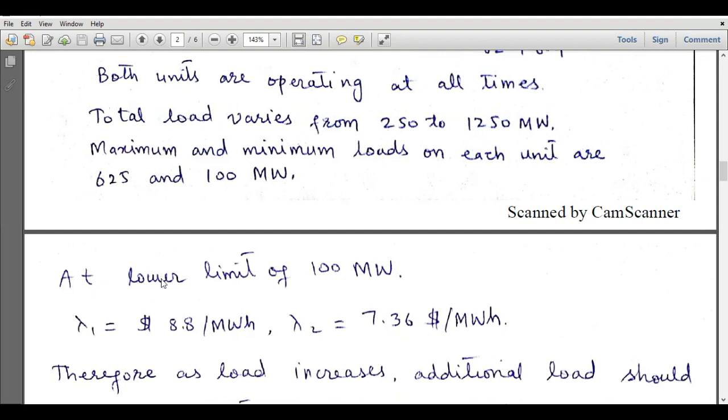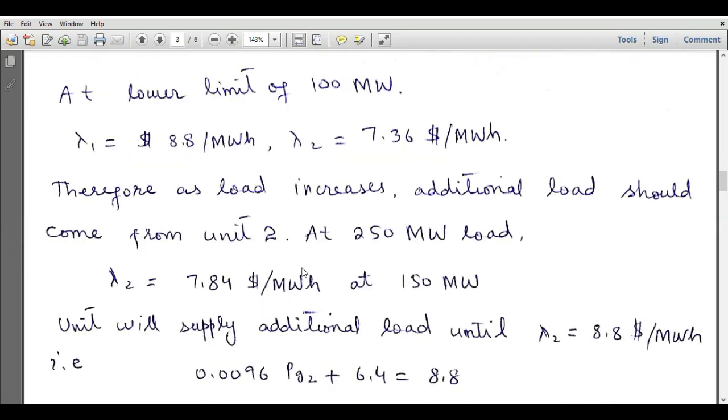Now we have to evaluate the incremental fuel cost functions for different loadings. When we have a total load of 250 megawatts, this is our lambda 1 and this is our lambda 2 at the lower limit of 100 megawatts. As load increases, additional load should come from unit 2. Here we can see that the incremental fuel cost of the second generator is smaller than that of the first generator.